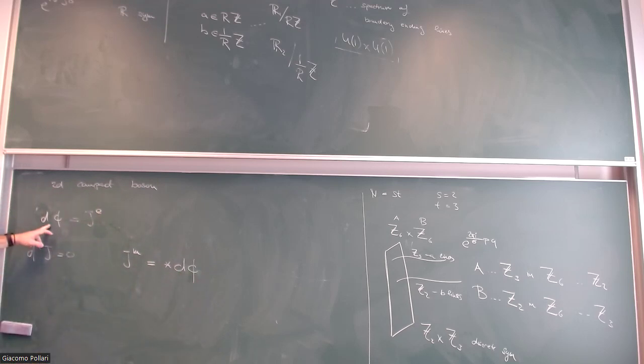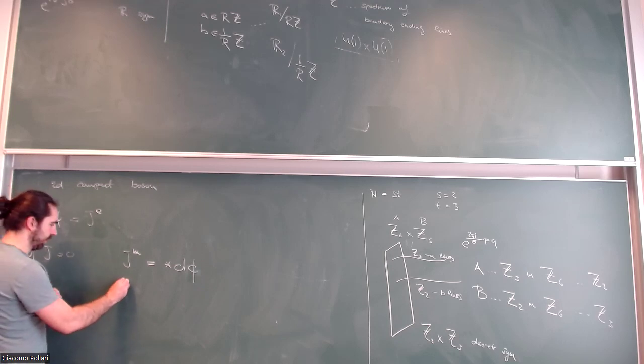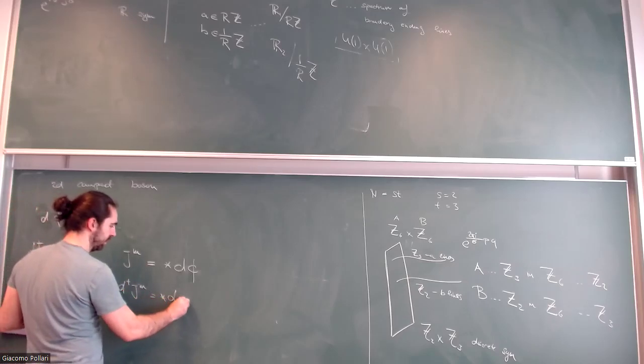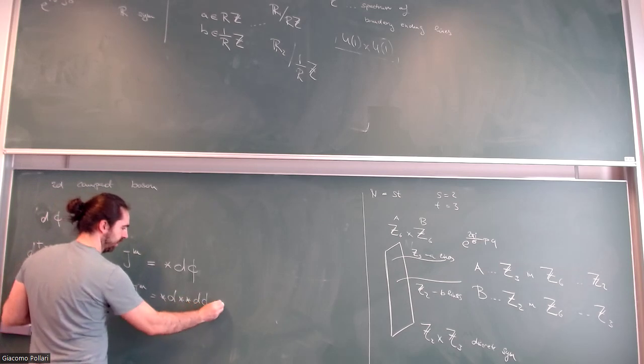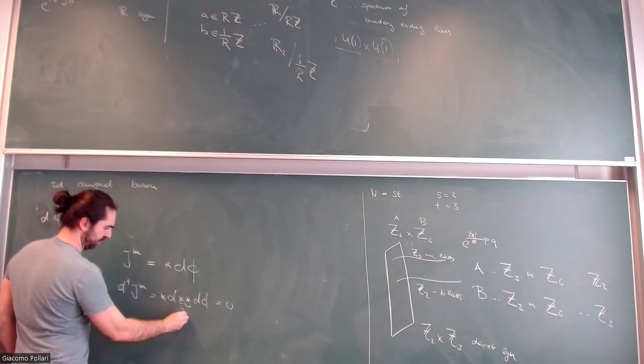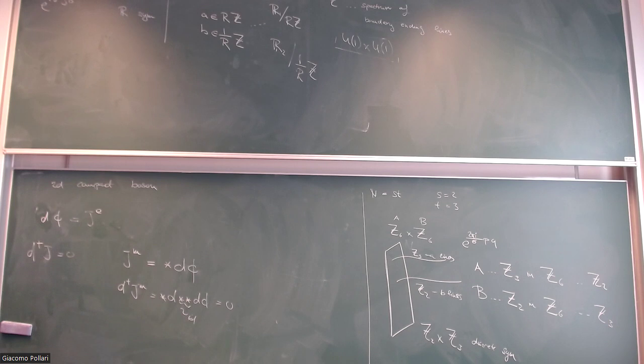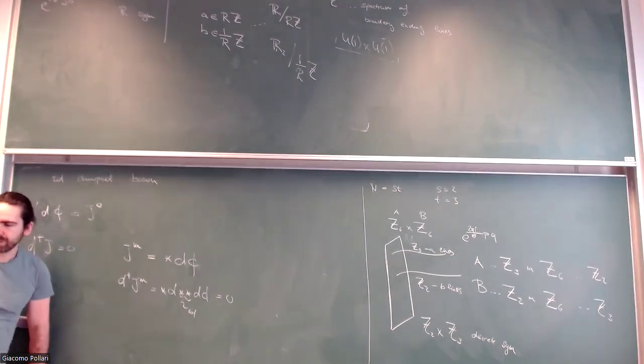It's not proportional to the other, it's a whole other current. One form, d dagger of it is again 0. This time it's even better because I don't need the equations of motion to show it: it's always 0, because d squared is 0.